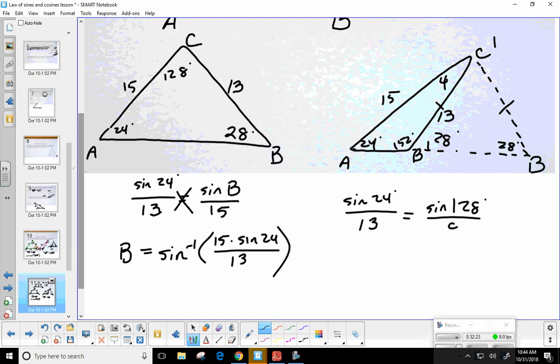What should I be getting for that? I got 25. That's exactly right. Okay. And then over here, we can go ahead and set up a proportion as well. And you can go ahead and confirm this. But little c prime, I got 2. Okay. And there you go. That's it. That's what we call the ambiguous case. Is everybody okay with that?